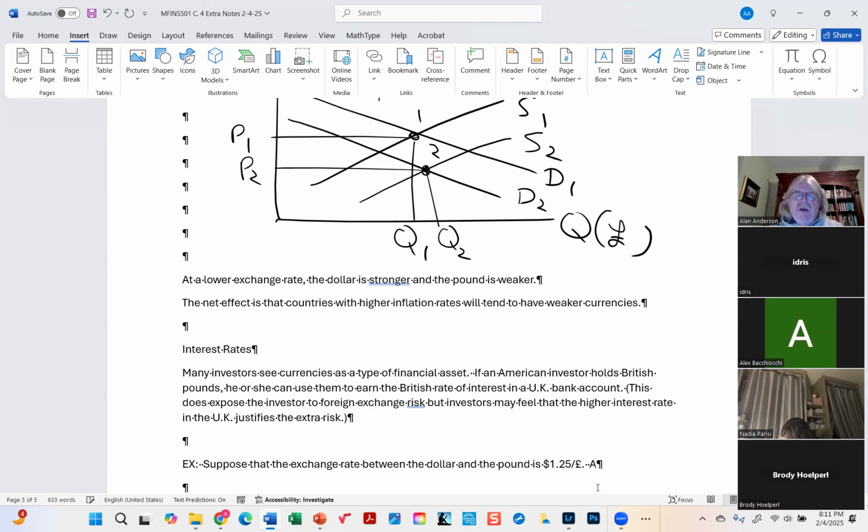An American investor converts $1,250 to 1,000 pounds.